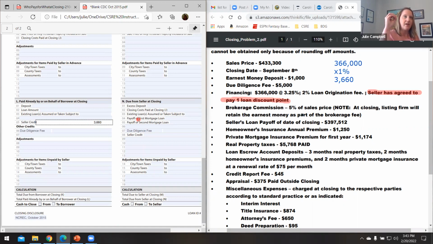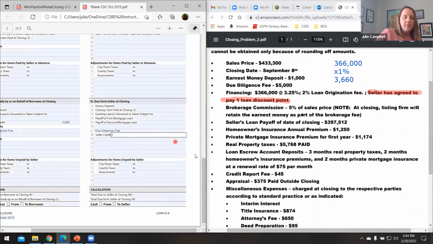Hang on, I got one more entry. So for the buyer, that's a balance of 0, right? Debit on page 1, credit on page 2. So how much is the buyer paying for their discount points? They're paying 0. Now we got to debit the seller for that amount because they've agreed to pay it. So again, under N as in Nancy, N8, you have seller credit for $3,660.